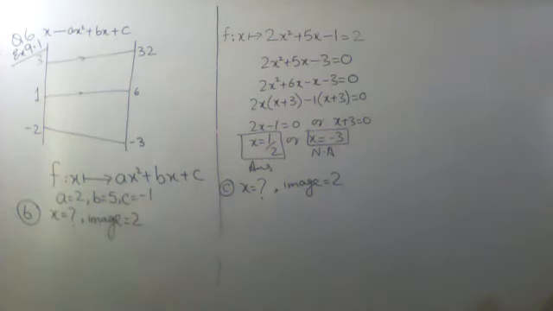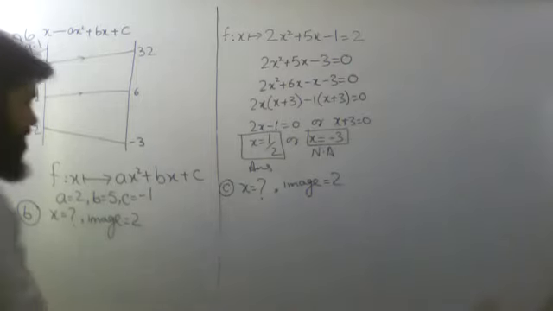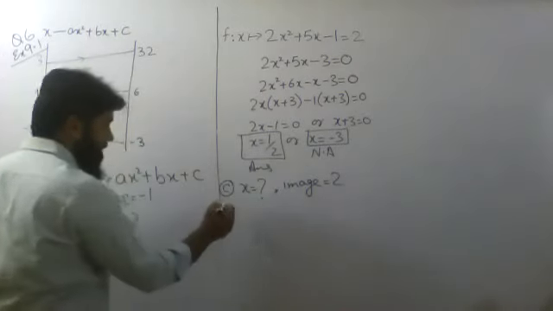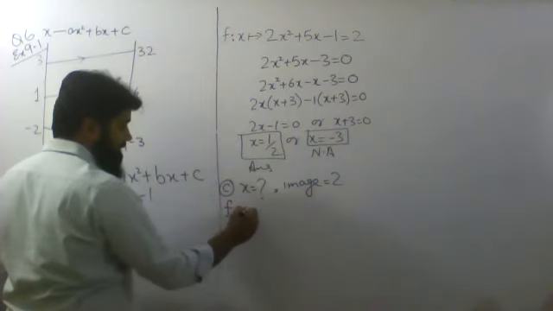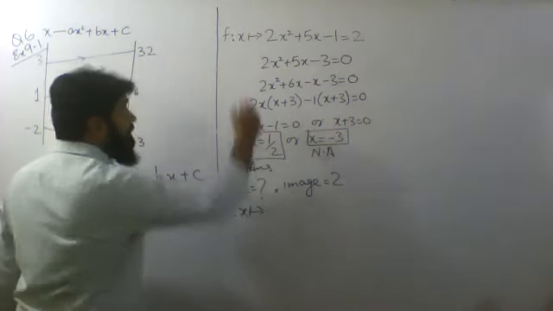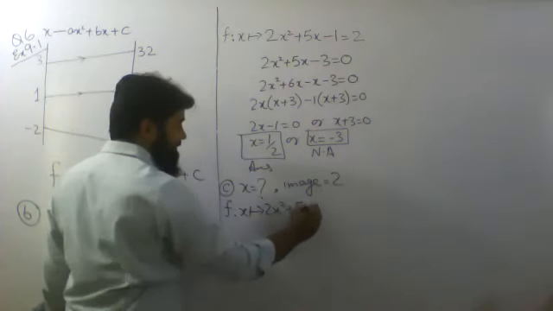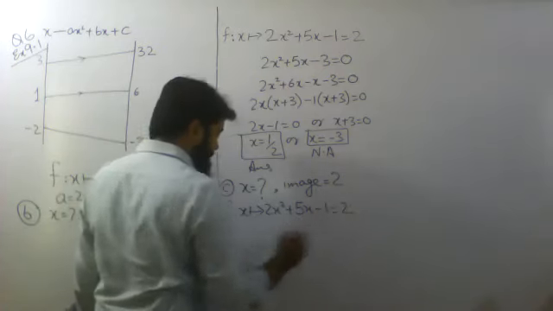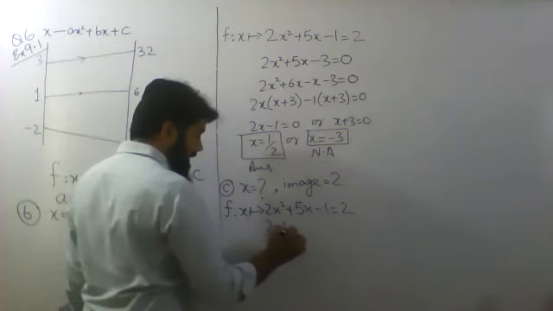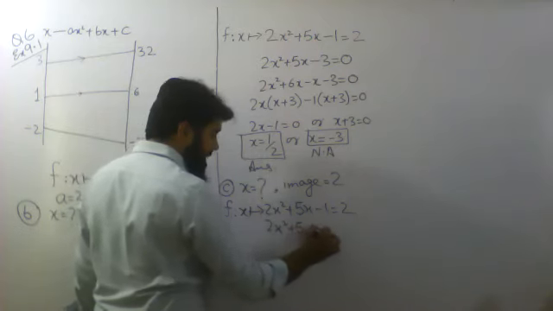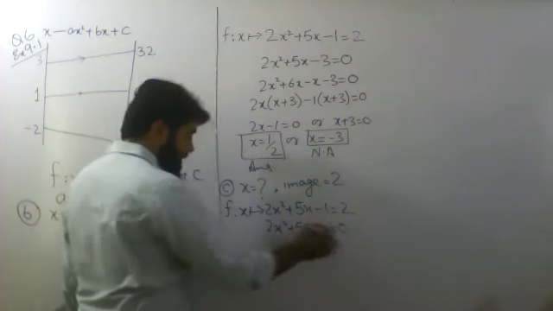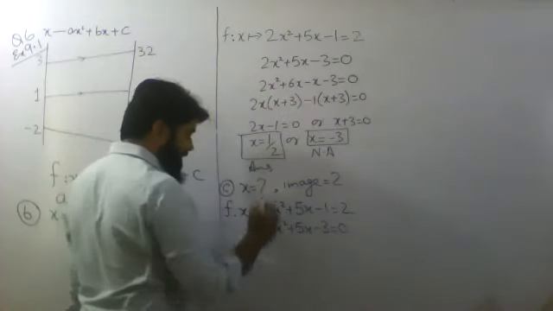Okay, so simply again f of x, 2x squared plus 5x minus 1 equals 2. 2x squared plus 5x minus 3 equals 0. I know the simplification.